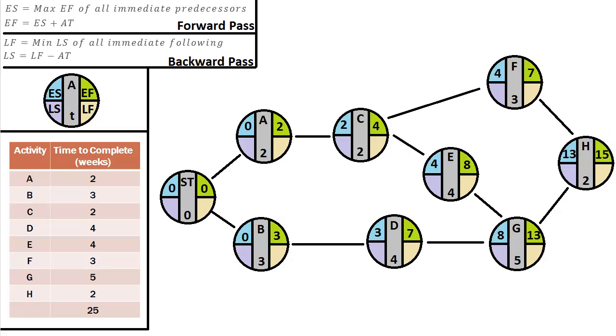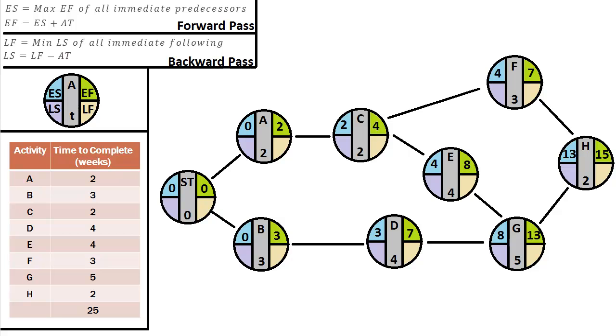And there we go. We have gone ahead and completed the entire forward pass through the network. But what does this mean? Well, if you take a step back, each blue section of the node is our earliest start. So at the very earliest, assuming everything goes perfectly, that's the very earliest time we're going to start that activity. Now if you look at the green, that's the earliest finish. That's the earliest completion time for that activity.